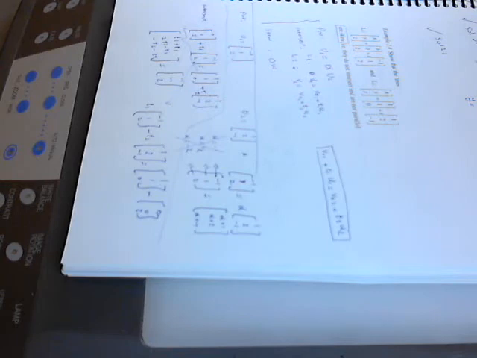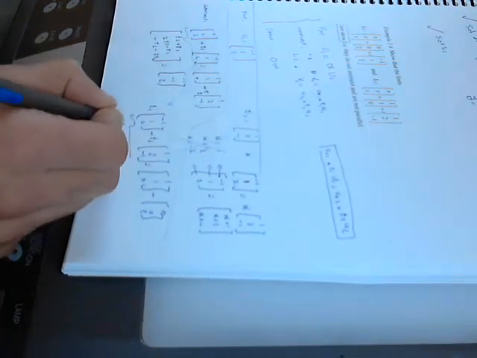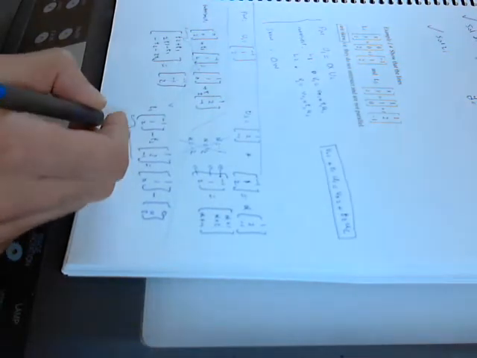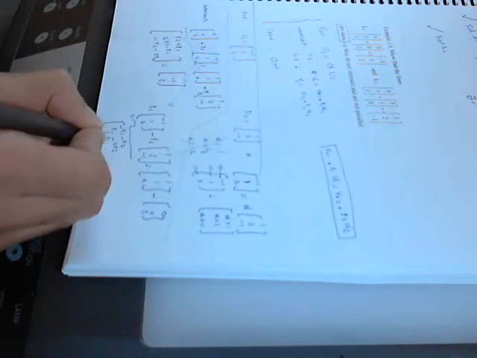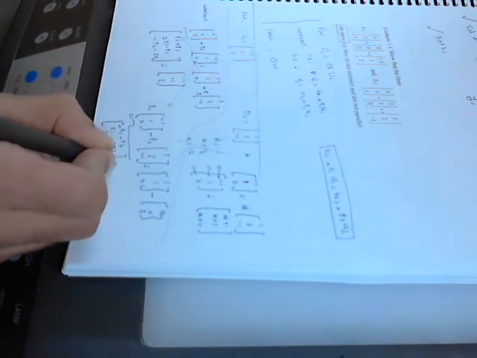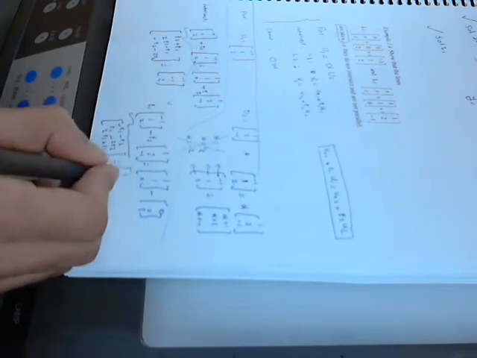And then these are actually minus T1 minus T2, T1 minus 2T2, 2T1 plus T2 is equal to 1 minus 0 is 1, 1 minus 0 is 1, 0 minus 2 is negative 2.